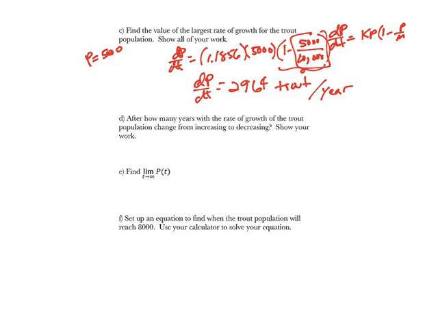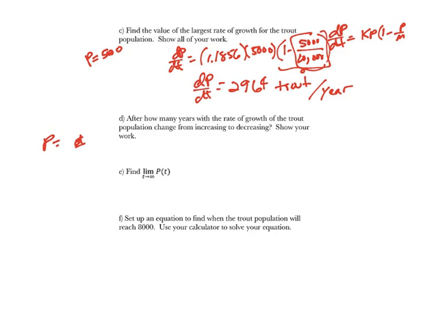Then it says, after how many years will the rate of growth of the trout population change? In how many years will it change from increasing to decreasing? Show your work. So that means I want to know t in the population equation.